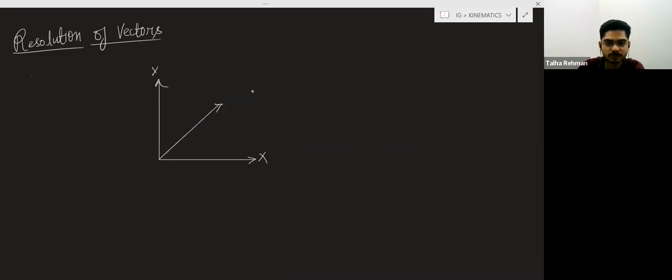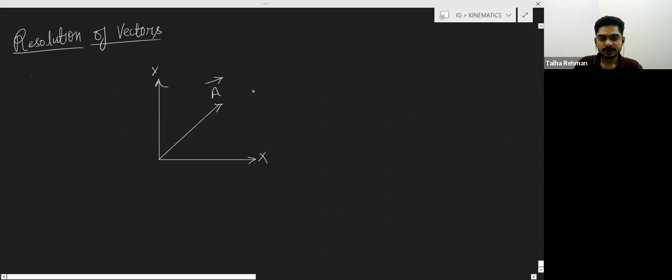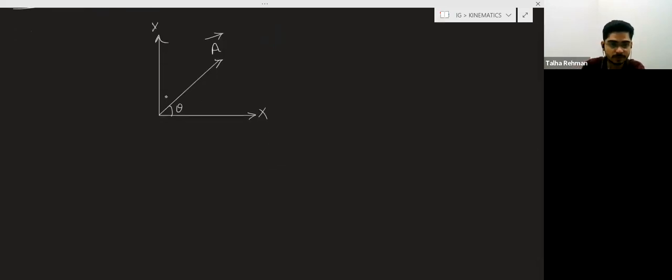Suppose this is your vector A. So this vector A is making an angle theta with x-axis. Now resolution of vector means we will see the effect of this vector along x-axis and along y-axis. For example, I am explaining this with the help of an example.